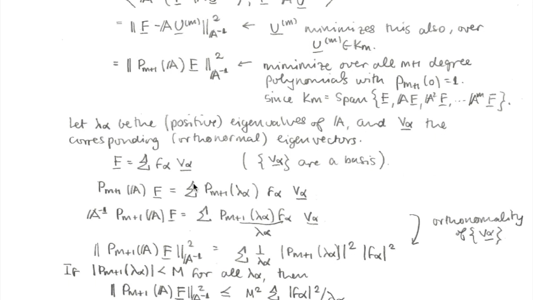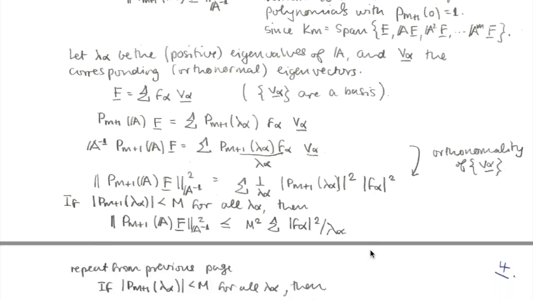So I'm going to start with the right-hand side, and I'm not going to actually do this computationally, but theoretically I know I can write this function as a linear combination of these orthonormal eigenvectors because they're a basis. So if I take this polynomial in A times f, I'm just going to get a sum of the polynomials of the lambdas times the eigenvector decomposition of f.